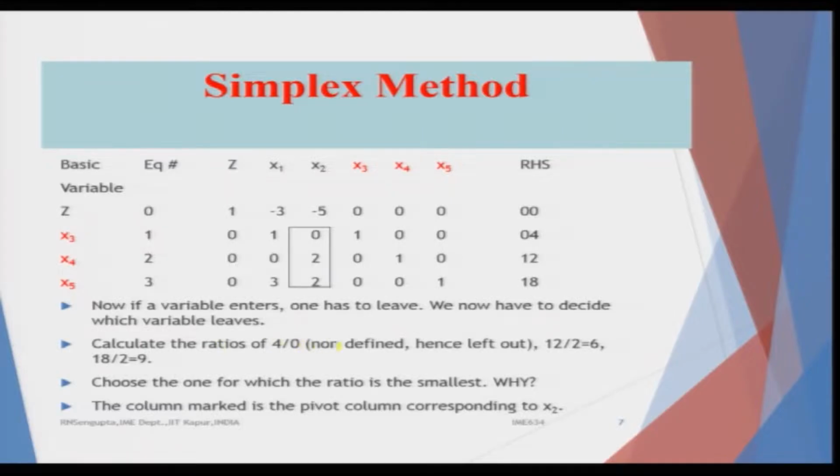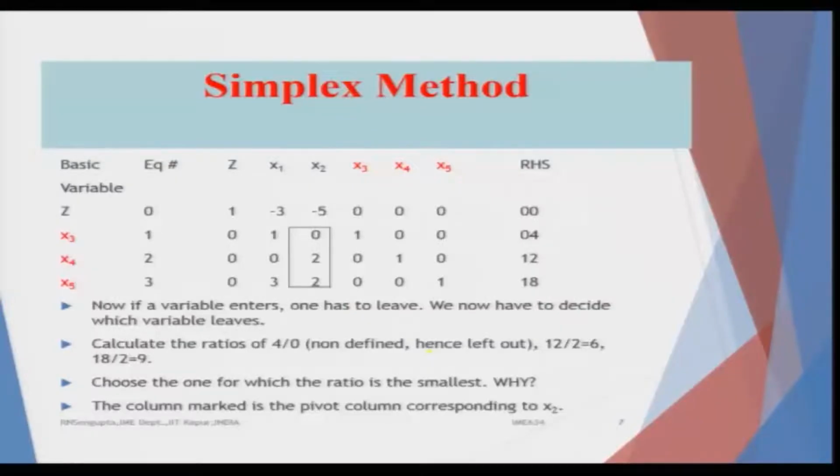Calculate the ratios: 4 by 0 is not defined, hence it would be left out. 12 by 2 will be 6 for x4 and 18 by 2 would be 9 for x5. So, choose the one which has the smallest ratio. Why the smallest? Consider the maximization problem: number 1, the one who is entering would give you the maximum benefit, and number 2, the one who is leaving should not affect your objective function to that possible extent. Obviously if one variable is leaving, the objective function would be coming down, but that reduction should not happen to that extent.